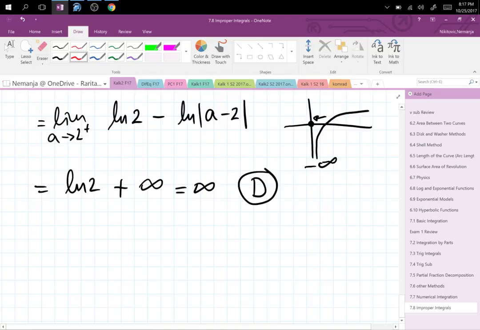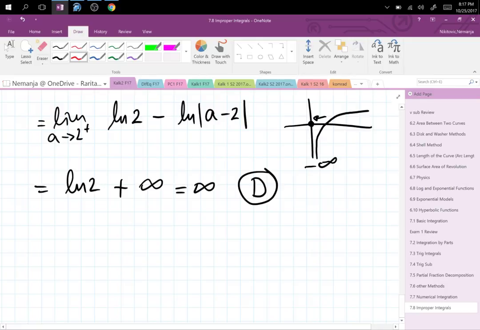That's the answer, because we are asking if it converges or diverges. Convergence means, let's say you get number 2 as the answer, then you will say converges to 2, which means area is 2. If you have infinity, then you say diverges.